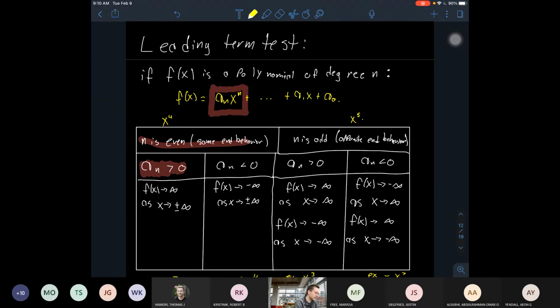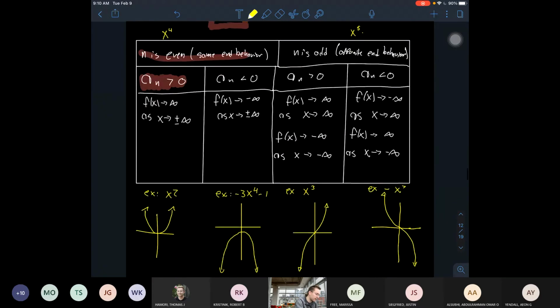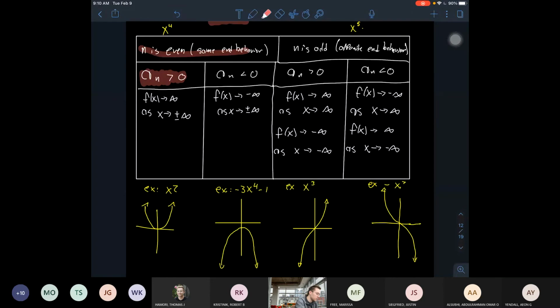This should make sense because if we think about something like this one, here we have a_n equals 1, which is larger than 0, and n equals 2 is even. We know what the end behavior of this parabola looks like.